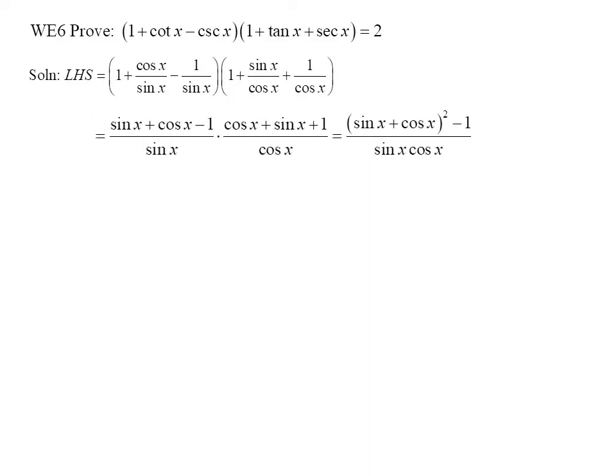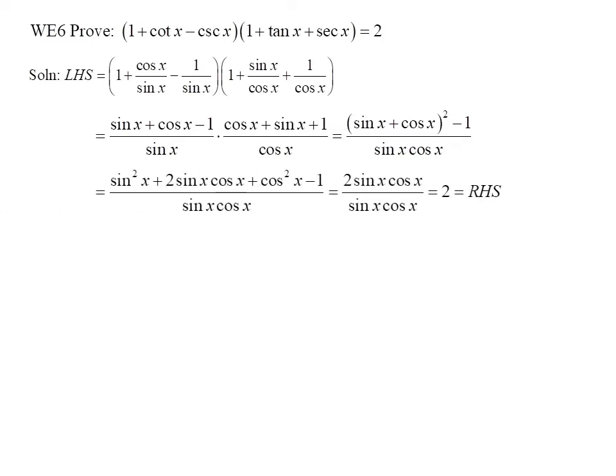After combining the fractions into one fraction in both parentheses, it becomes (sine x plus cosine x minus 1) over sine x, times (cosine x plus sine x plus 1) over cosine x, which can be further simplified to 2 sine x cosine x over sine x cosine x, which equals 2. Hence, we have proved the relation as required.